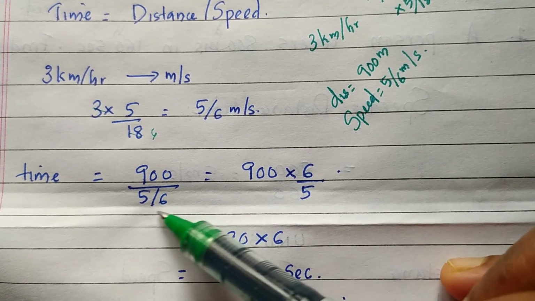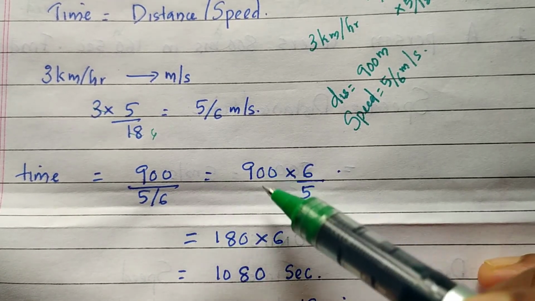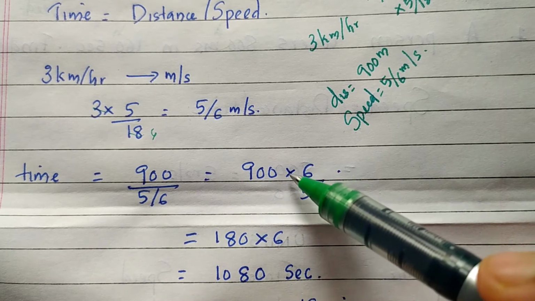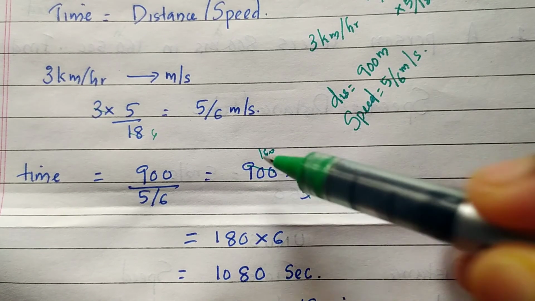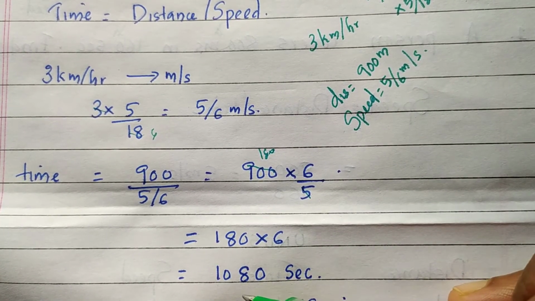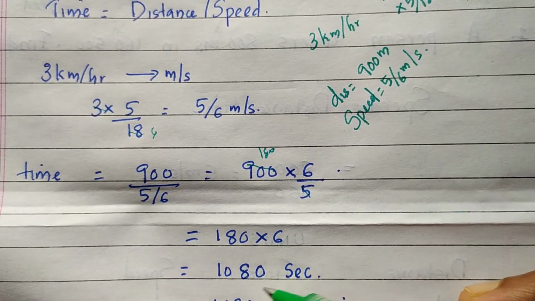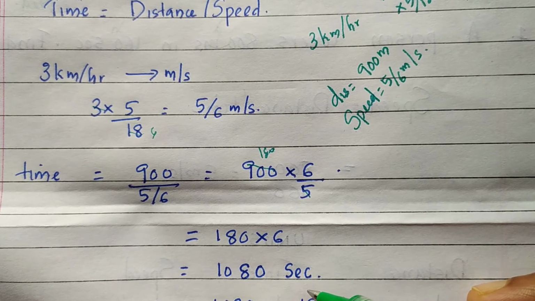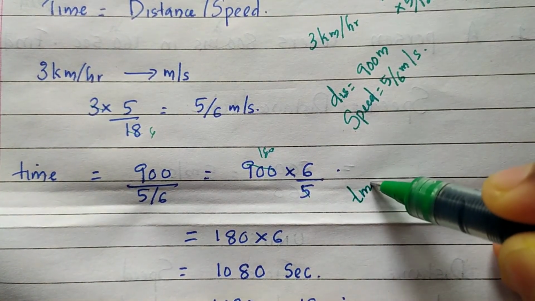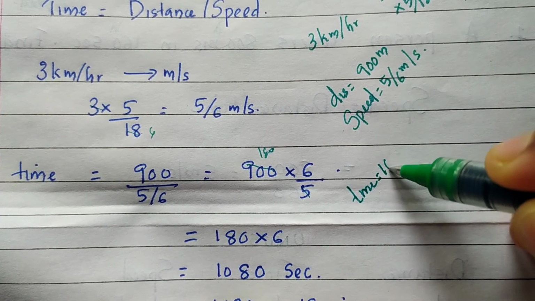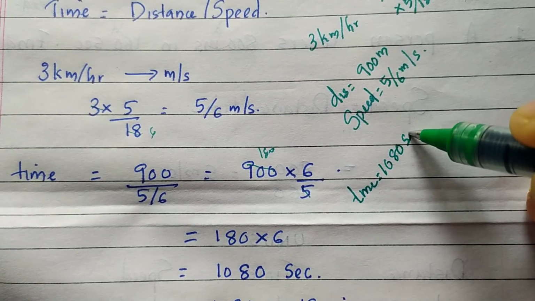We have to multiply it by the reciprocal. So 900 into 6 by 5 is equal to 180 into 6, which is 1080 seconds. So we got the time in the units of seconds. Time is equal to 1080 seconds.